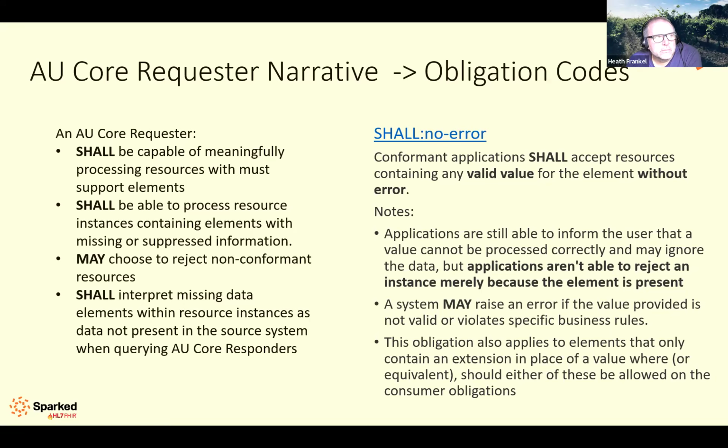I'll let Michael go next. Yeah, I just wanted to confirm that we can have multiple obligations here assigned, right? So we can say shall, no error, should, some other option, may, something else, and combine them together. Well, that's how obligations in general work. But what we're trying to do is find, in almost Richard's words, the baseline of what must support means before we start to layer on anything on top of that any further.